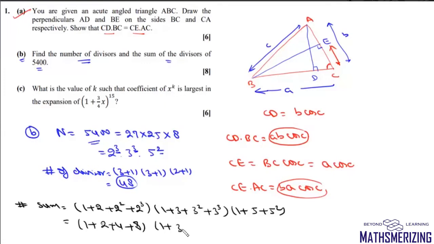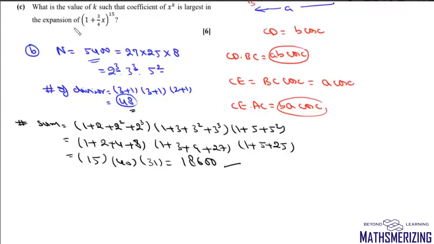This is 1 plus 3 plus 9 plus 27, and this is 1 plus 5 plus 25. Now this is 15. This one is 40 and this is 31, which is 18600. So the sum of all these 48 divisors will be 18600.